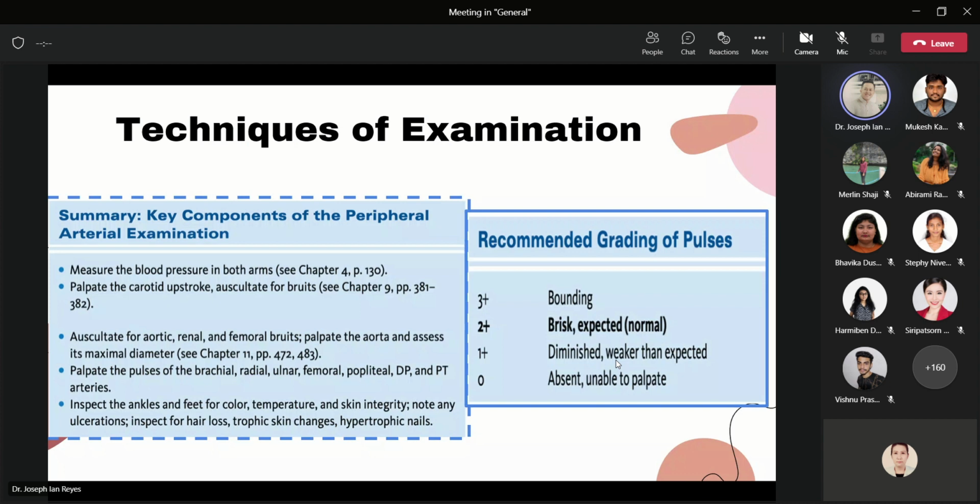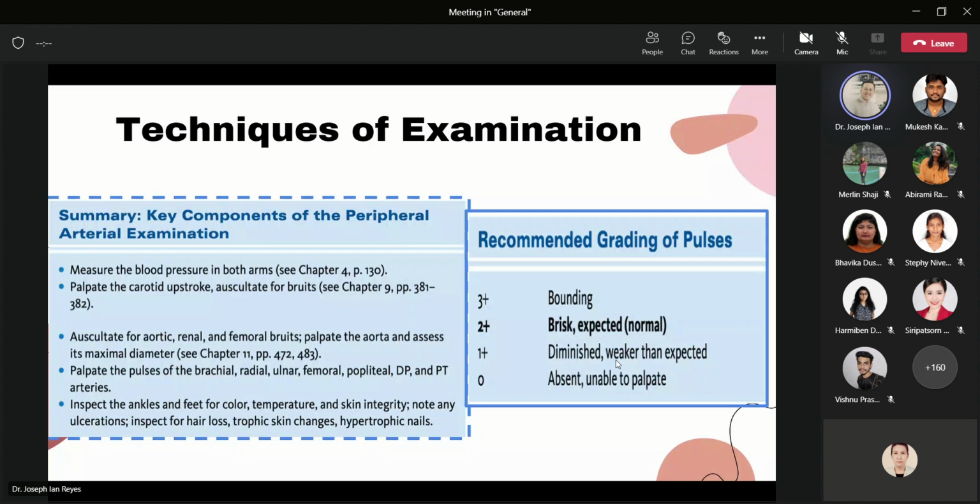For a patient who is in shock or maybe possibly dying, you will not be able to palpate the pulses. So absent or unable to palpate, you would grade that as a 0. If it's diminished, weaker than expected, especially for patients with severe dehydration, who have lower blood pressure, the pulse would be weaker, so that would be a 1 plus.